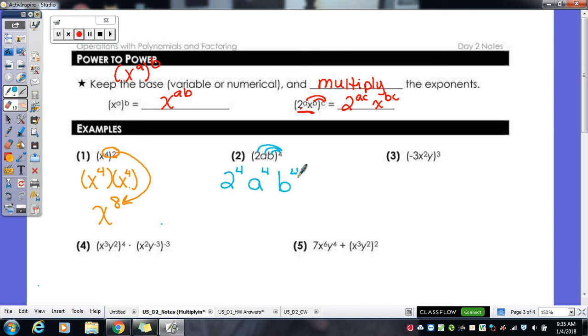The exponent on the b is a 1, so 1 times 4 makes that 4. So then we just have to clean all of them up. What is 2 to the 4th? 16, thank you. So 16, a to the 4th, b to the 4th would be our final answer there.